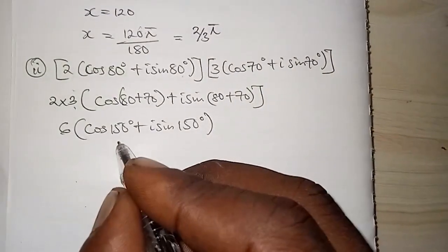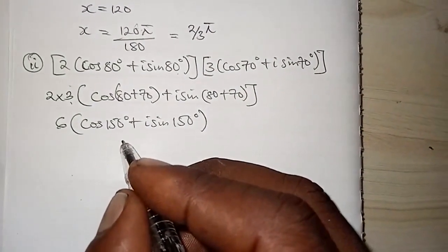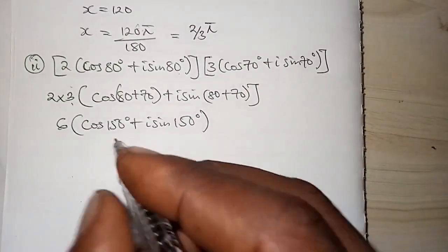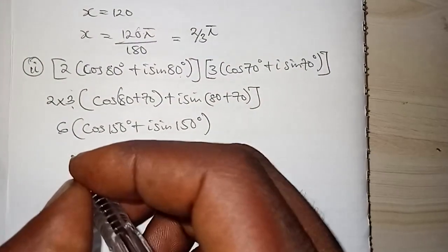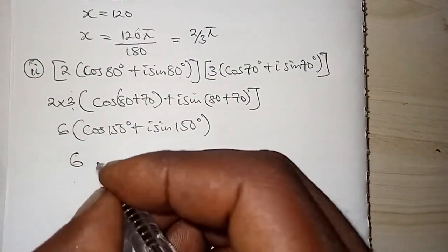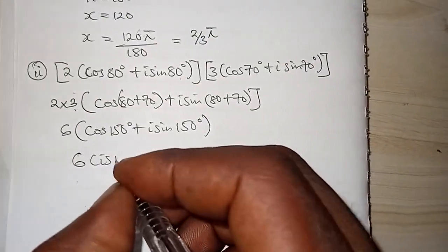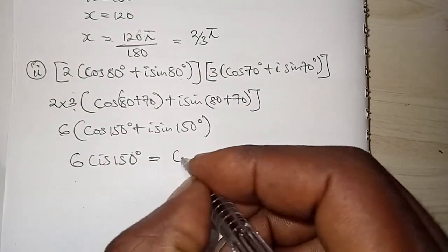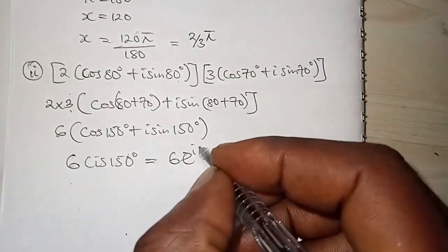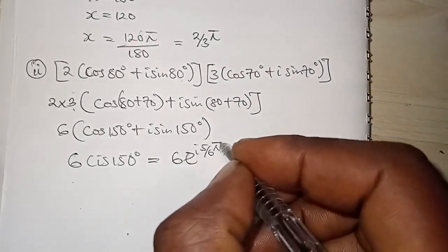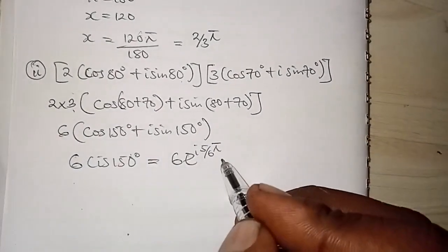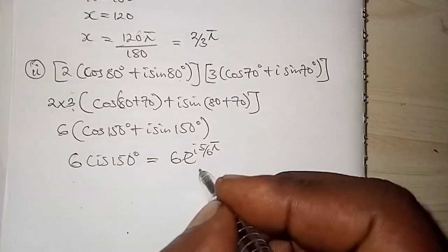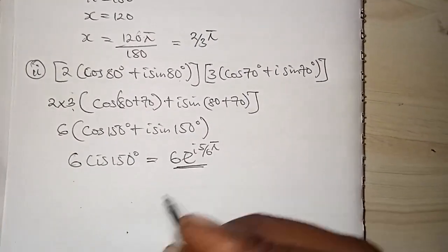If we convert 150 degrees, 150 will give us 5 pi over 6. So we'll have 6, that is r, cis 150 degrees, which is 6 e to the i 5 over 6 pi. 150 degrees is the same thing as 5 over 6 pi in radians.